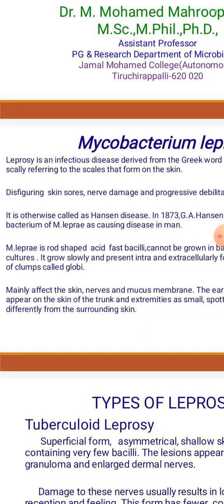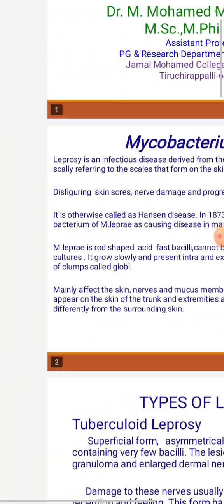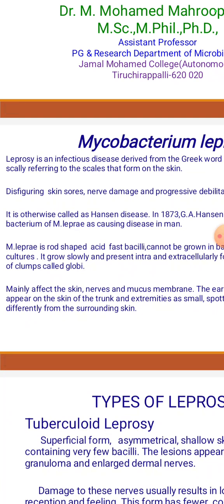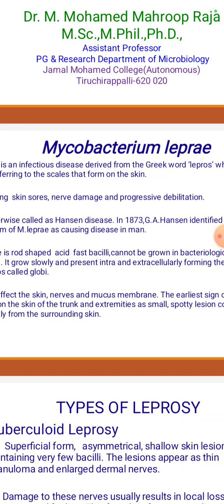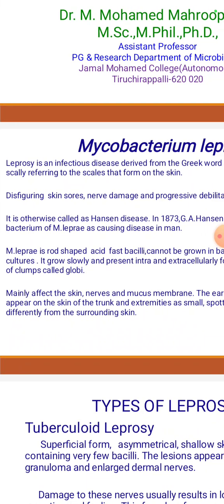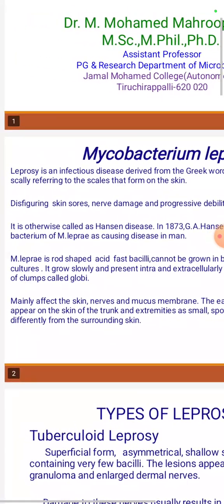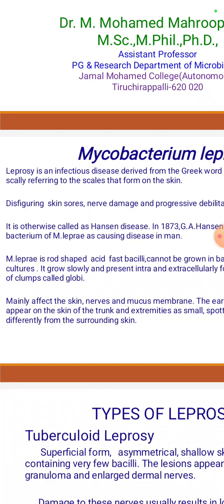It grows slowly and is present intra- and extracellularly, forming characteristic clumps called globi. It mainly affects the skin, nerves, and mucous membrane. The earliest sign of leprosy appears on the skin of the trunk and the extremities as small spot lesions colored differently from the surrounding skin.